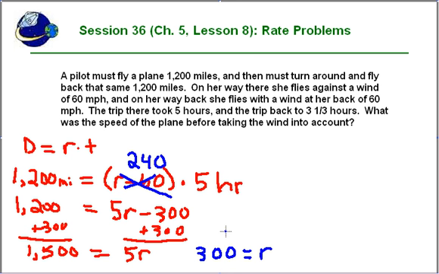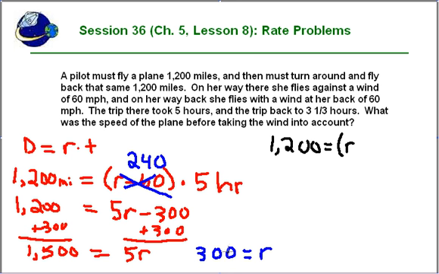We can also deal with her return trip. On her return trip, it's still distance equals rate times time, and she's still going the same 1,200 miles. But now her rate on the return trip is going to be the r, which is her rate in still air.